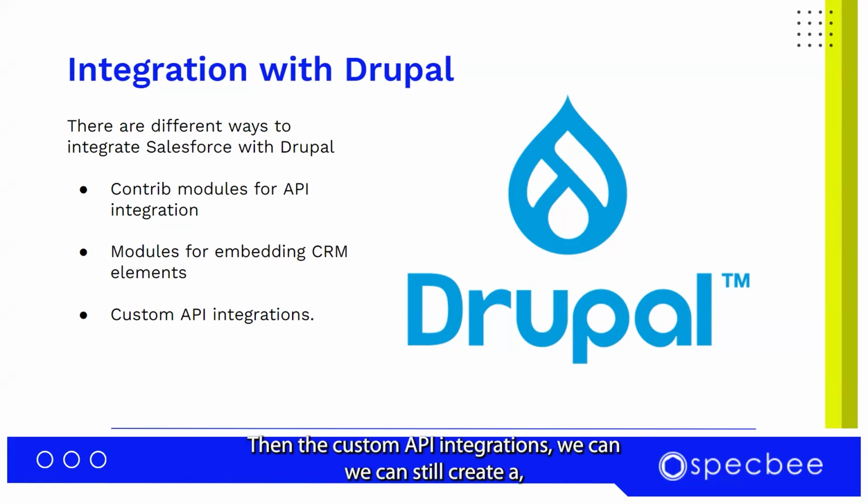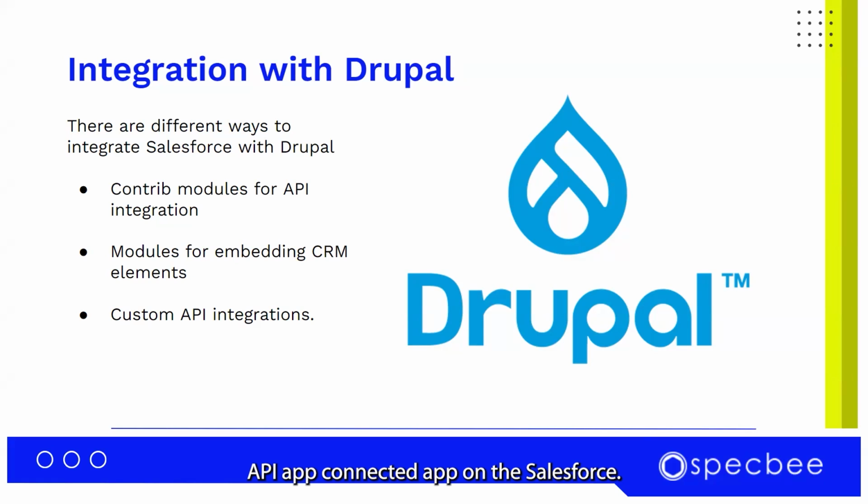We can still create an API app, a connected app, on Salesforce, and then use the tokens and customer secret in our HTTP client and Guzzle HTTP API calls, and then we can create it.